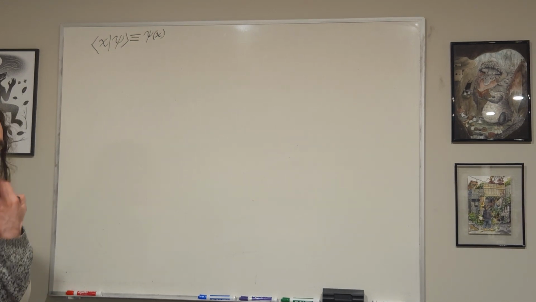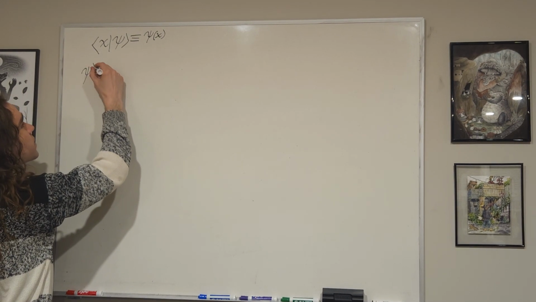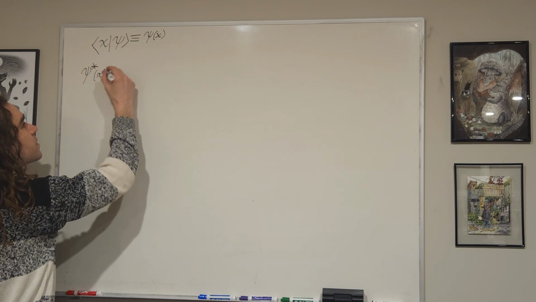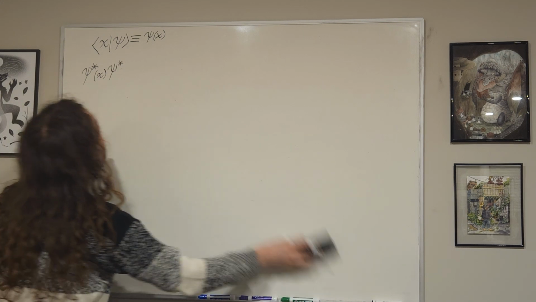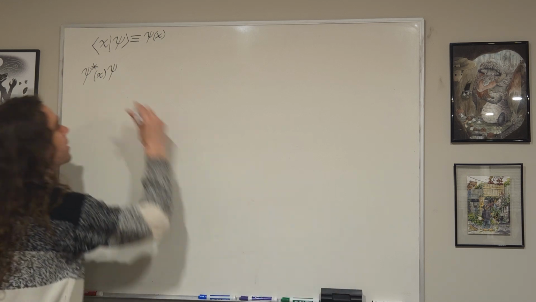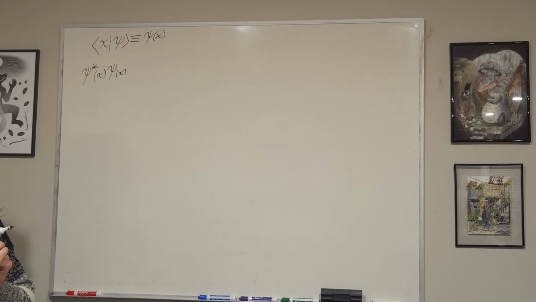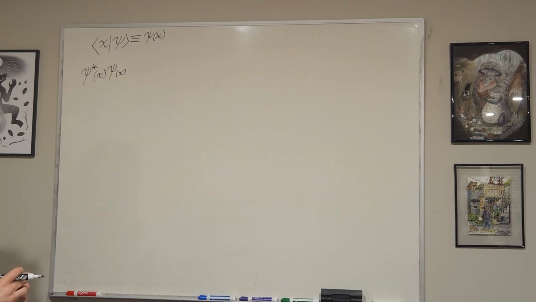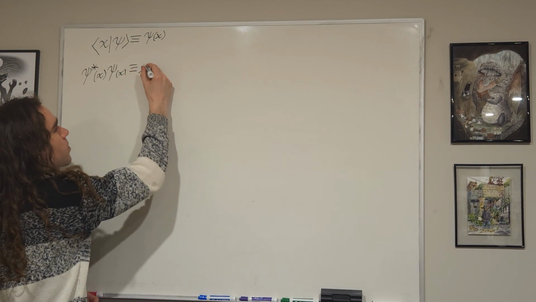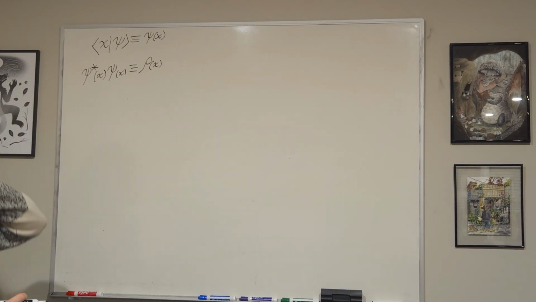So you already know, if you've done any quantum mechanics at all, it's not obscure to tell you that this quantity, psi star of x times psi of x, is the probability density, right? Calling this the probability density rho of x, provided that psi is a normalized ket.